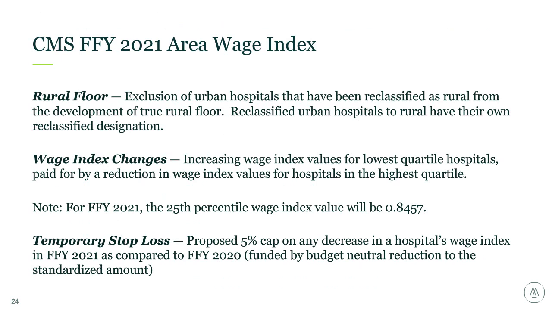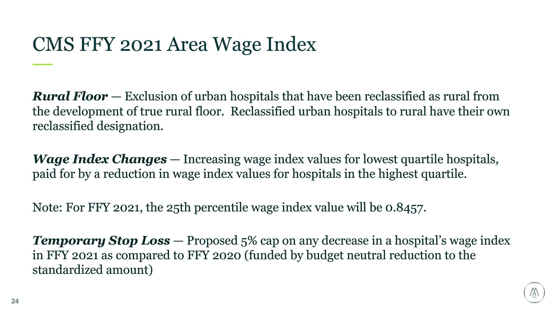There's a number of factors that impact the calculation of the wage index in fiscal year 2021 that CMS actually implemented in the prior year. First, they made a change to exclude from the rural floor calculation hospitals that reclassify from urban to rural. These urban hospitals instead have their own reclassified status. Second, they increased wage index values for the lowest quartile hospitals that were paid for by the highest quartile hospitals.